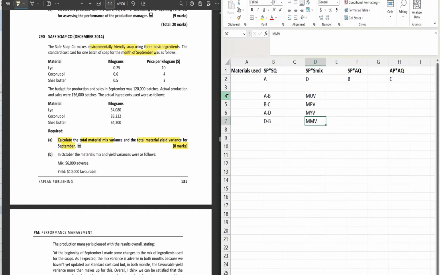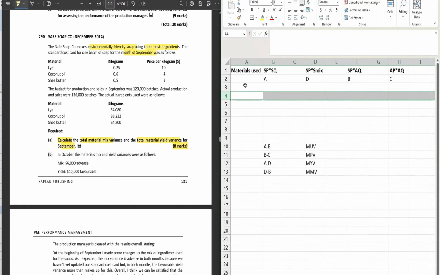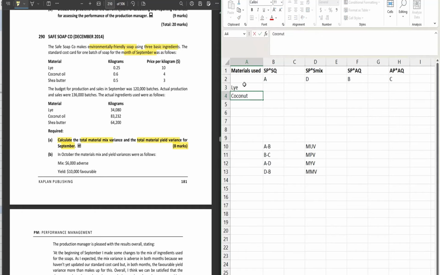The materials used here are Lye, coconut oil, then shea butter. Okay. Sorry.